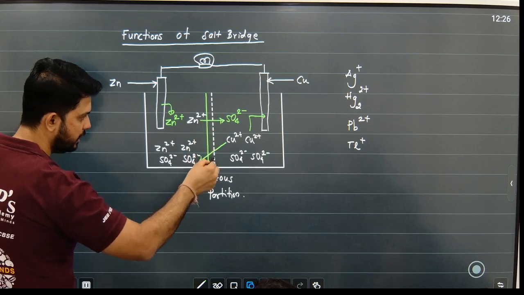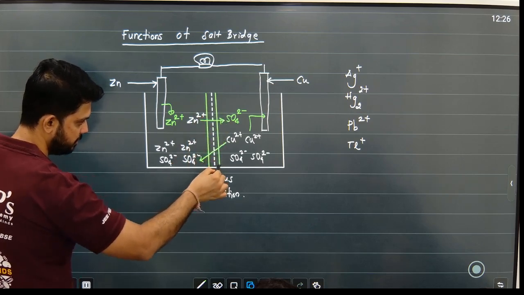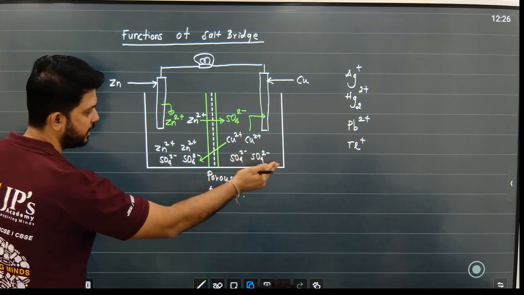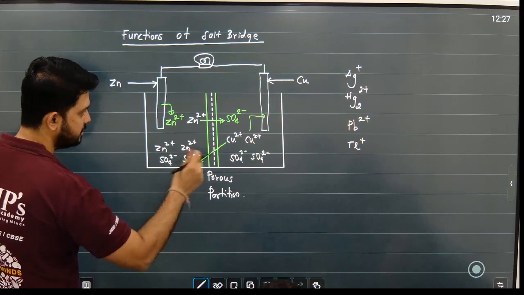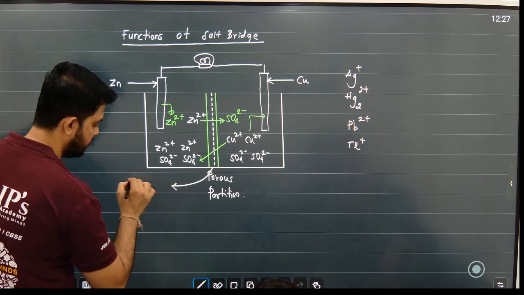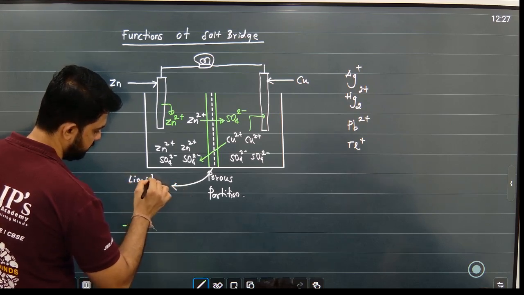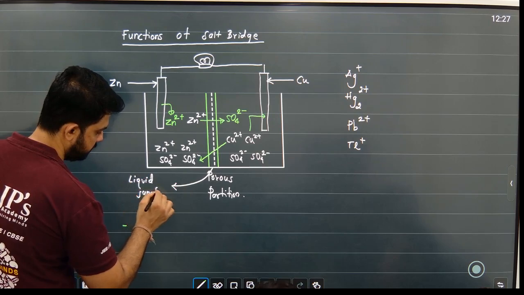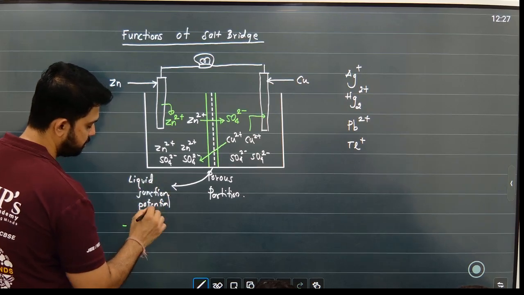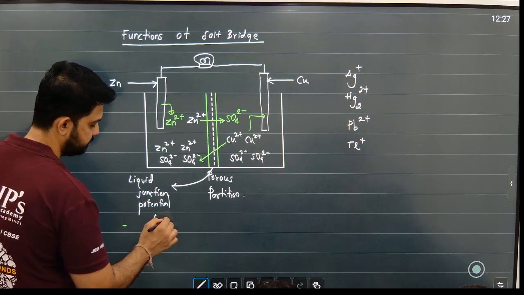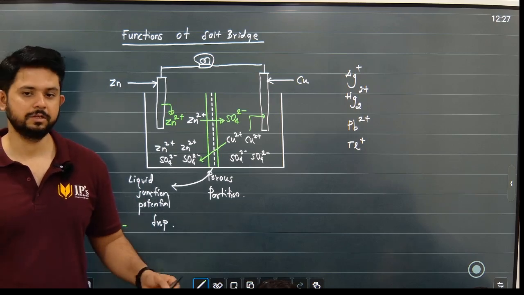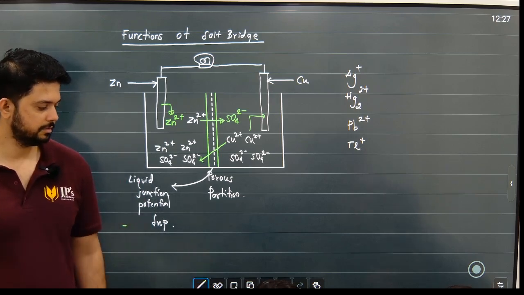Eventually a junction forms here, and further flow of ions from left to right or right to left is not possible, as a result of which the cell stops functioning. This junction is called the liquid junction, and the drop because of that is called liquid junction potential drop. Did you people get that? Excellent. Quickly copy this.